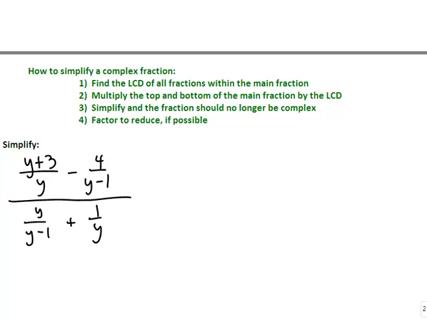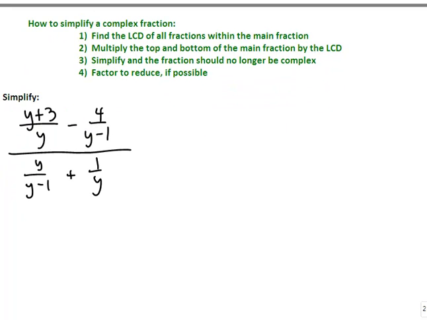The next thing that we're going to focus on is how to simplify complex fractions. Now, complex fractions are fractions within fractions. And you can see from this example, they look pretty messy. So the method that we're going to use here is kind of similar to what we were just doing.